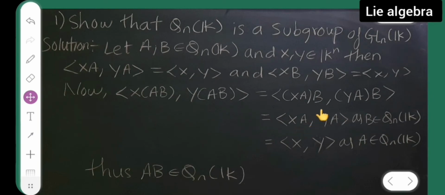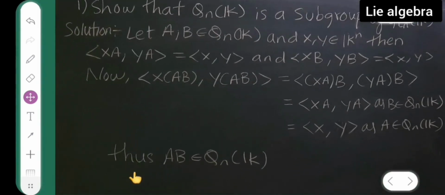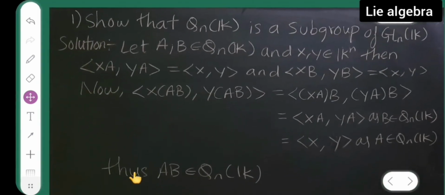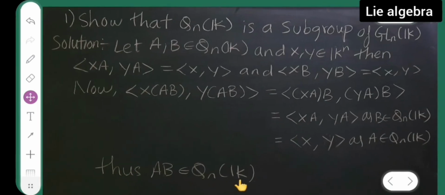Then I will remove the B, since B belongs to Qn of K, so this is equal to the inner product of xA comma yA. Now this is equal to the inner product of x comma y, as A belongs to Qn of K. Thus AB belongs to Qn of K.